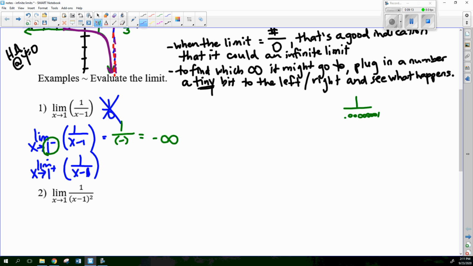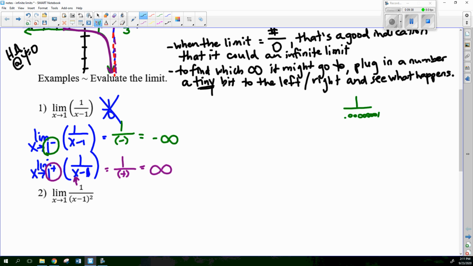All right, now if I do the same thing from the right, okay, that means I'm going to be plugging in something just a tiny bit bigger than positive 1, right here, just a tiny bit bigger, all right? And so when I subtract 1 from that, I'm going to get a really tiny positive. And so if I divide a positive by a really tiny positive, I'm going to get positive infinity.